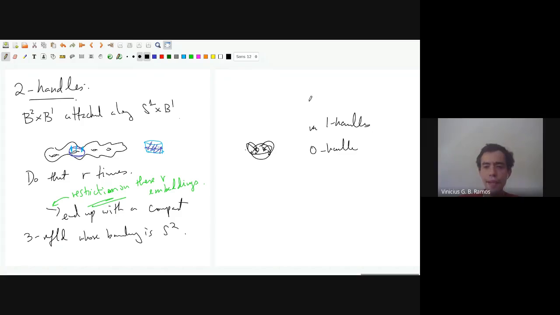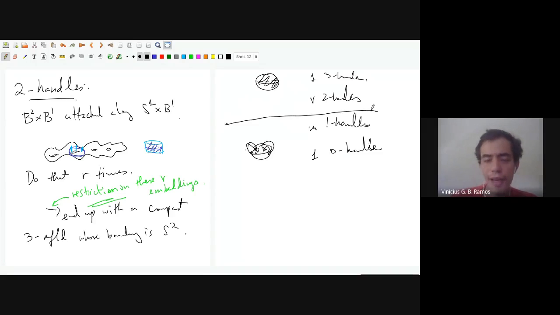Okay, and then I have R 2 handles. And then I have 1 0 handle and 1 3 handle. So now I have these R 2 handles that I'm not going to draw, and then I have this 3 handle, which is this ball.